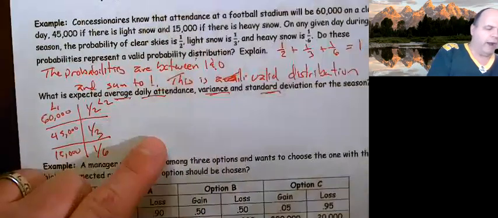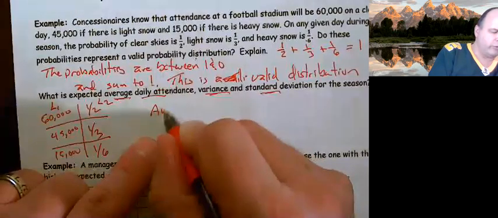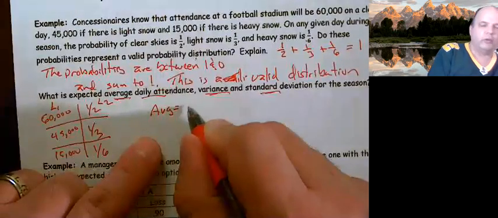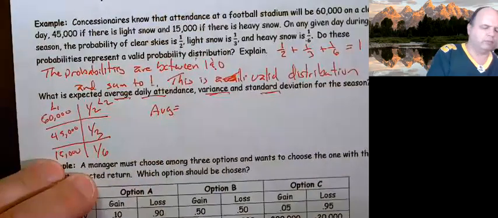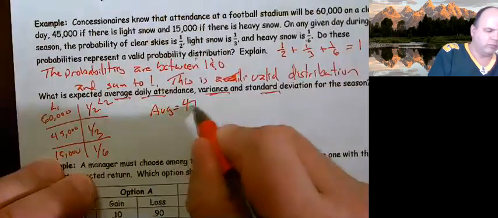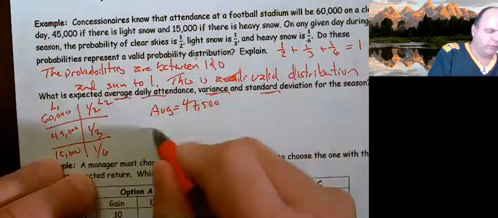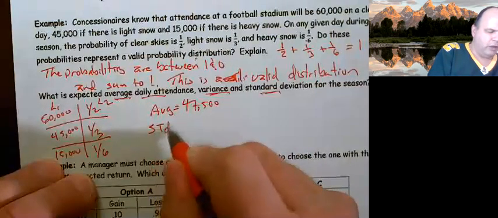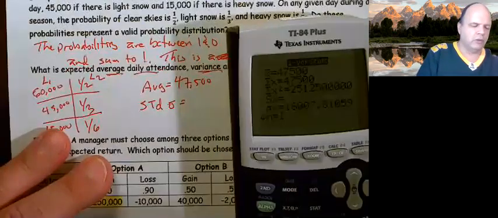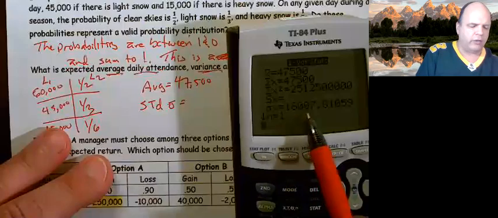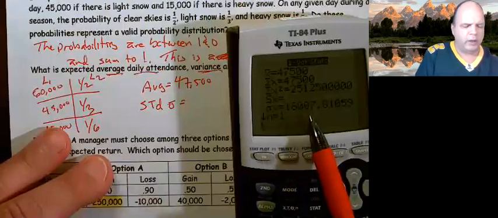And our average equals 47,500. Our standard deviation is 16,007.81.